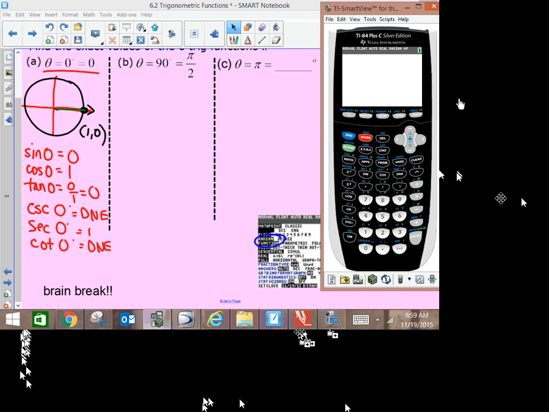All right, so here we go. Sine of 0. That's 0 radians. 0. Cosine of 0. 1. Tangent of 0. 0. Now, those are the only 3 functions you're going to find here.